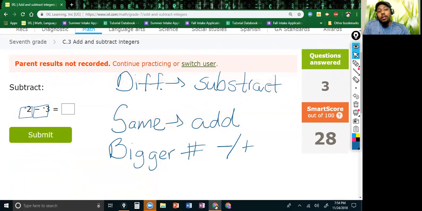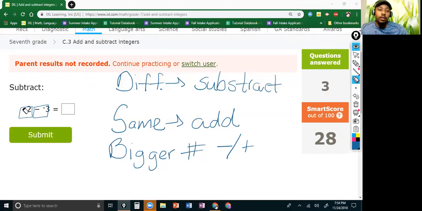Let's look here. Now this one is interesting because we're actually dealing with a negative and a negative. And so let's erase the markings from the last one. So here we see that we are dealing with a negative 2. But then now we have a double negative. So what do we do?